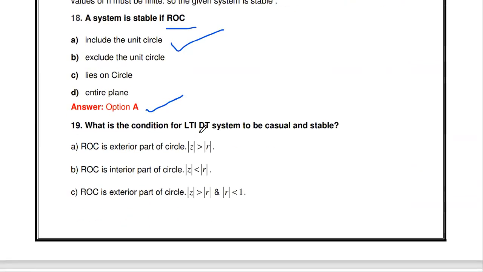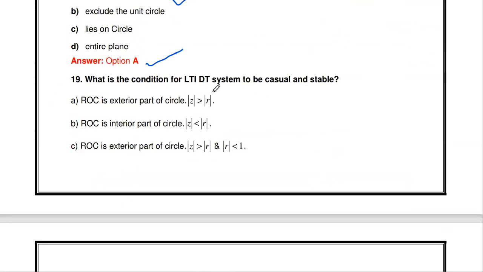Okay, then what is the condition for an LTI DT system to be causal and stable? The system should be both causal and stable, so what is the combined condition? First, the ROC is the exterior part of a circle. This is the condition for causality. The ROC is the interior part of a circle?